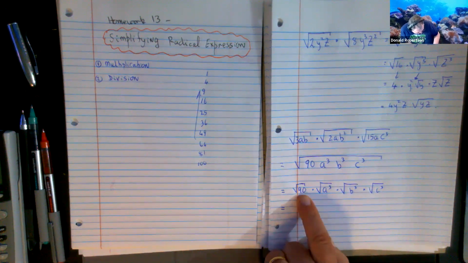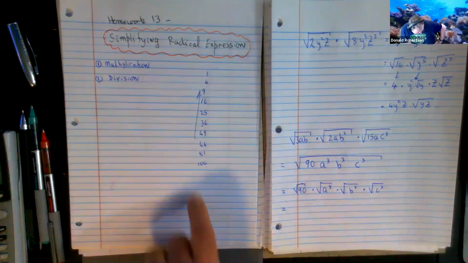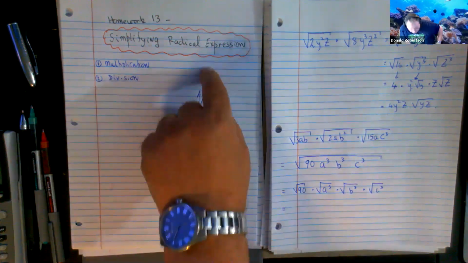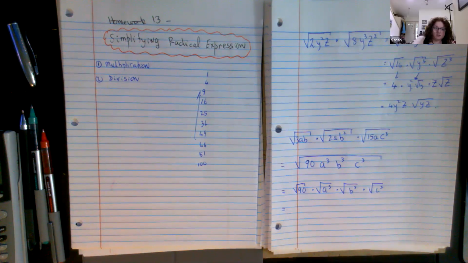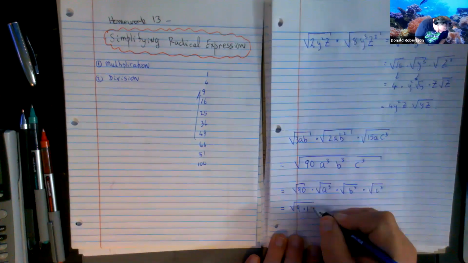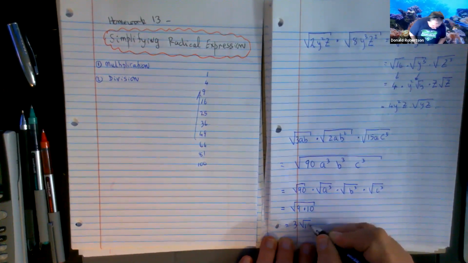I need somebody in this list that should play well with 90. Yeah, I found somebody. It's not that exciting. But can you find the two-number deal for 90? 9 and 10. I thought there'd be some bigger, but there wasn't. So it's 9 times 10. So that's going to get me 3 square root of 10. Great.